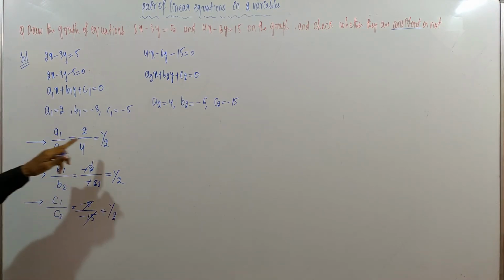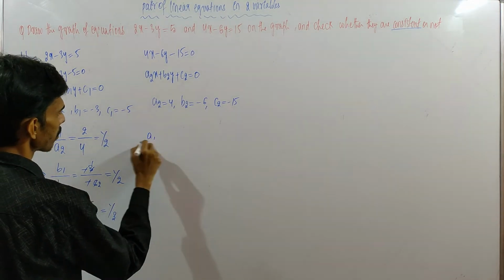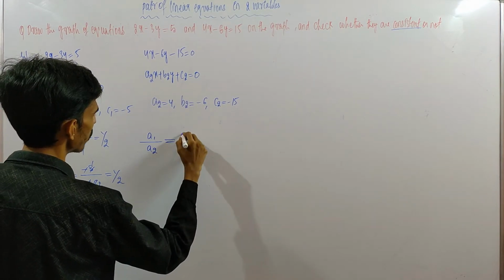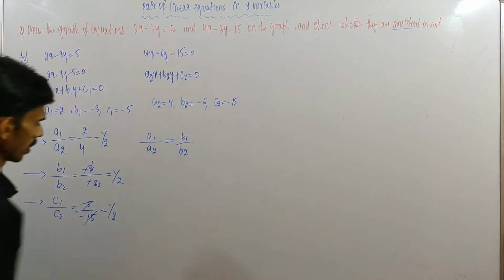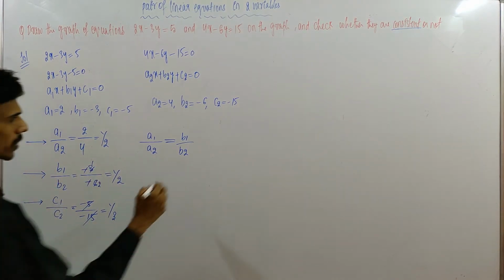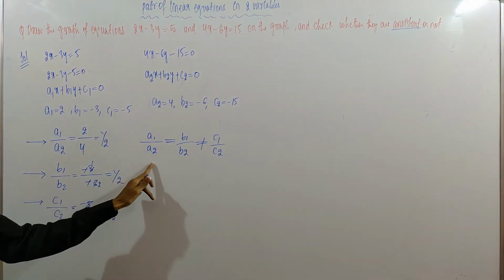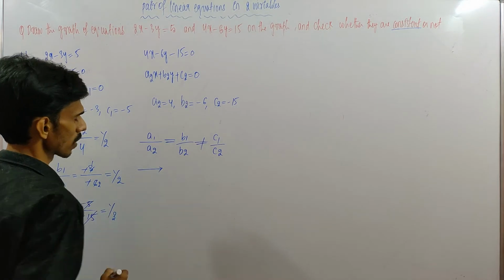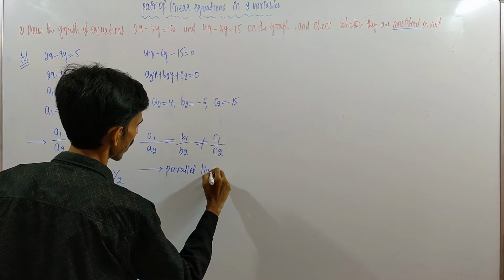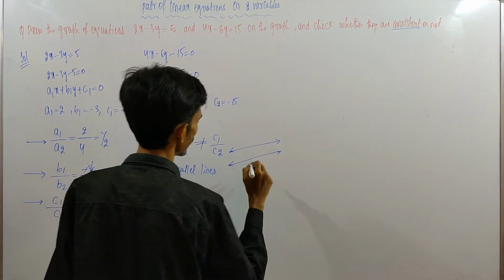It means that these two are equal, 1 by 2, 1 by 2. So these values are equal. a1 by a2 is equal to b1 by b2, but not equal to 1 by 3. These two are equal, not equal to this. So not equal to c1 by c2. This condition holds for parallel lines.